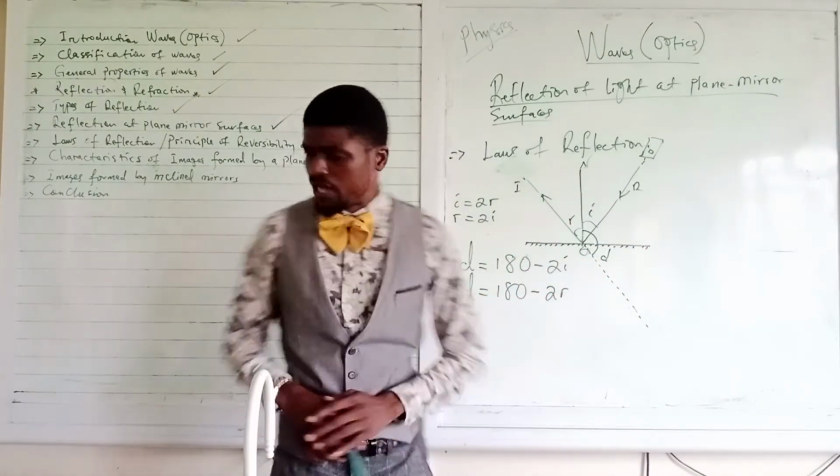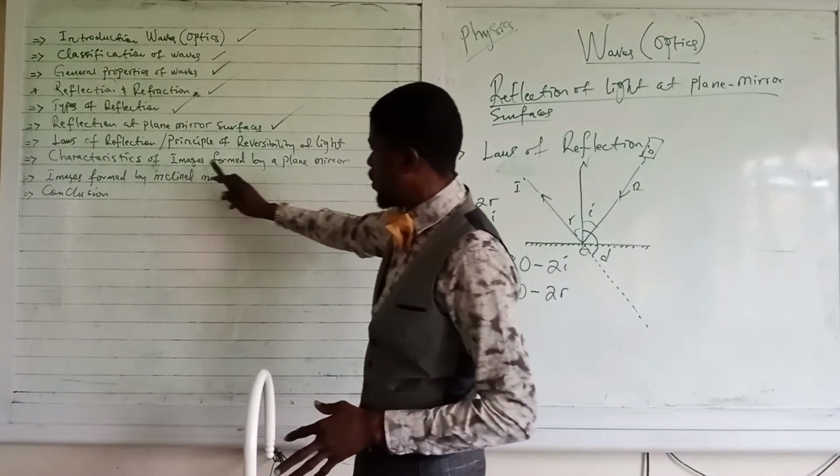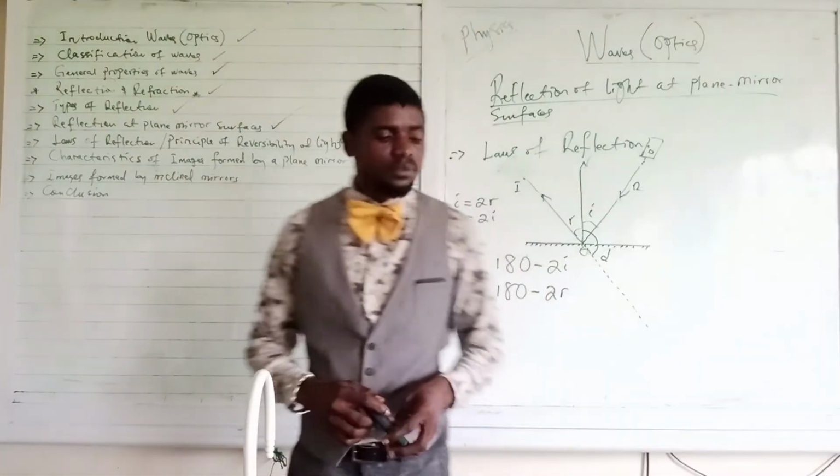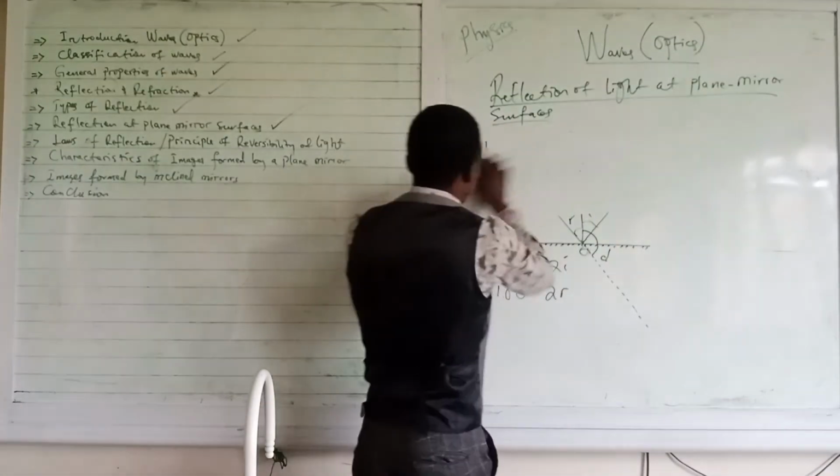This is simply what we mean by the principle of reversibility. As simple as that. We want to look at the characteristics of the images formed by a plane mirror. When you stand before a plane mirror, what do you see?